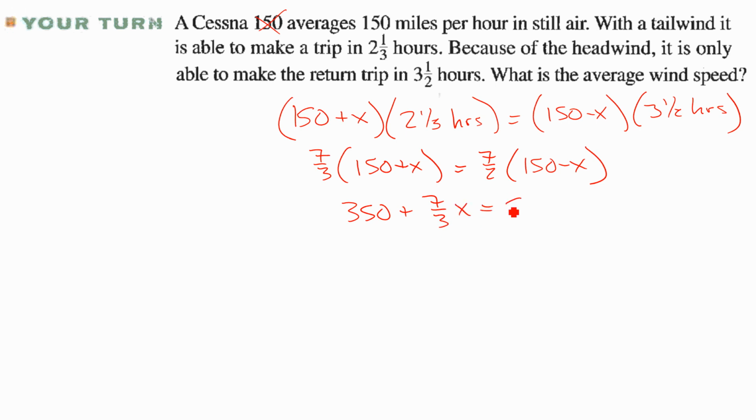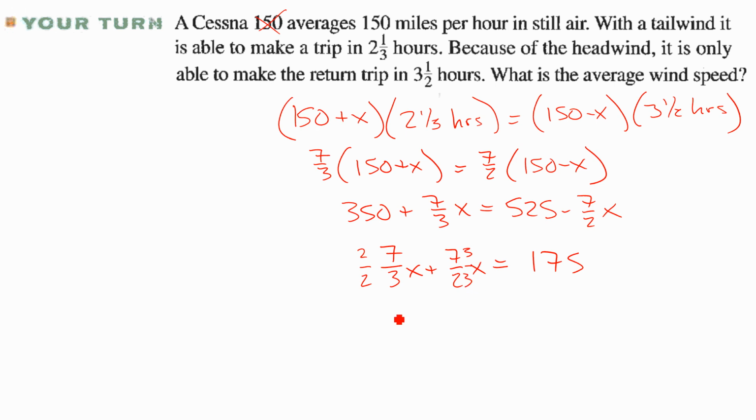equals 525 minus 7/2x. And so if we put these together, we'll have 7/3x plus 7/2x equals 175. Get ourselves the common denominator on these, which would be 6. We go 2/2 and 3/3.